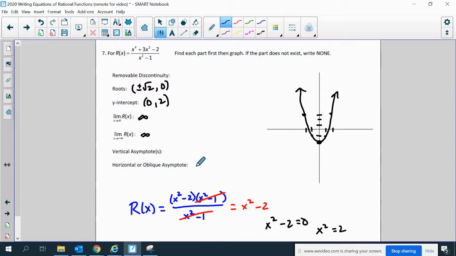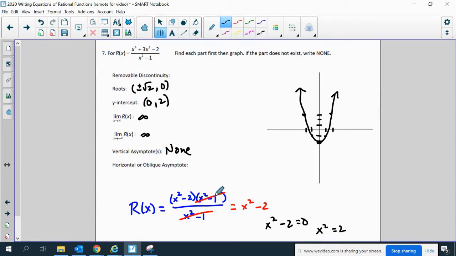The horizontal or oblique asymptote, I don't really know if this is the best way to put it, but I would say it looks like x^2 - 2, and it actually is x^2 - 2 at all points, except, so I don't know if this is the best way to put it. You may want to put none, because it actually does mirror this at every point, except for the points that are holes.